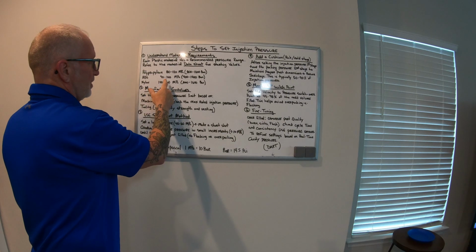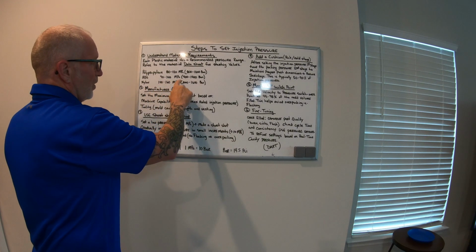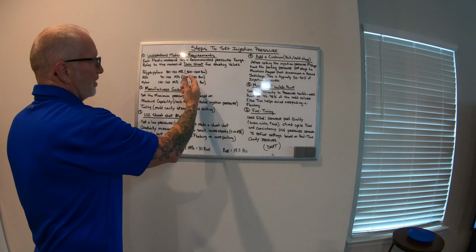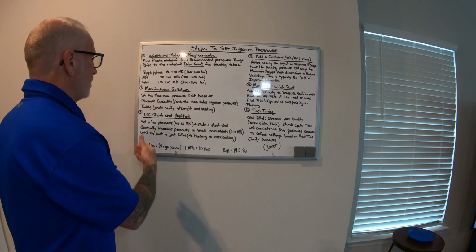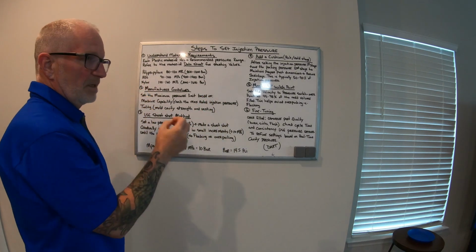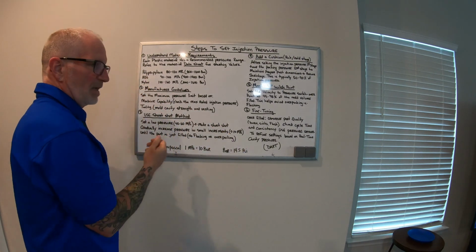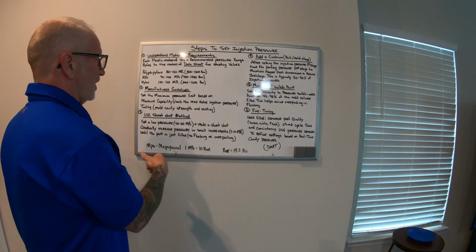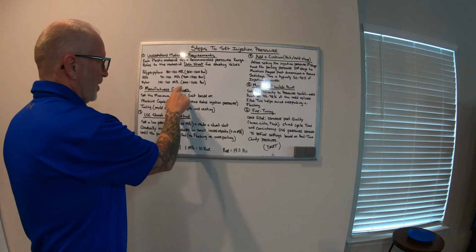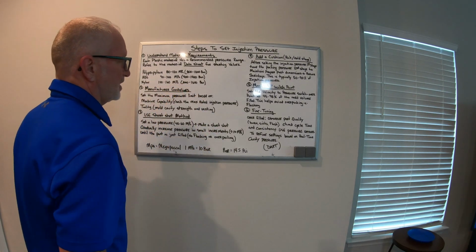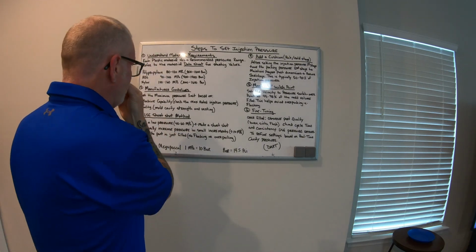ABS is 90 to 140, or you can say 900 to 1400 bar. Or nylon. And the nylons are a little different, so if you have additives in your nylon, like let's say you have a glass fiber, it could go up even higher. So think about that, 1000 to 1600 bar, okay?